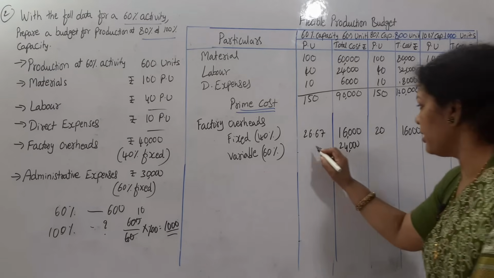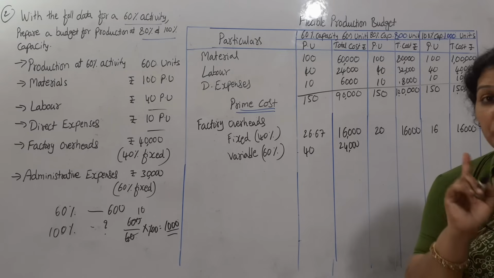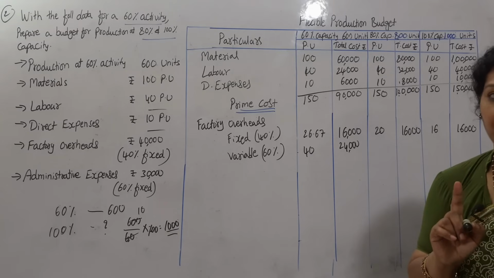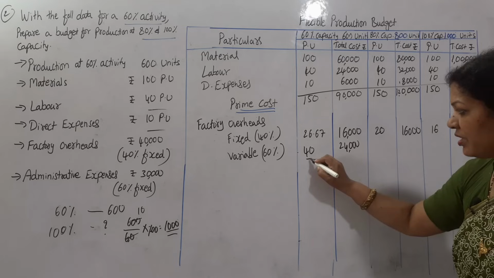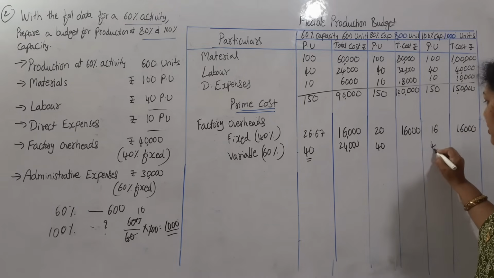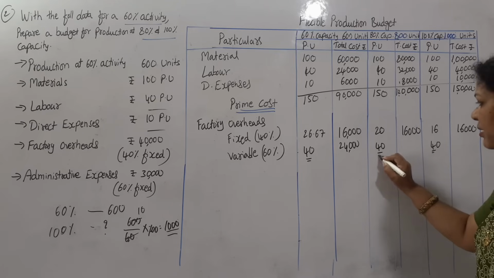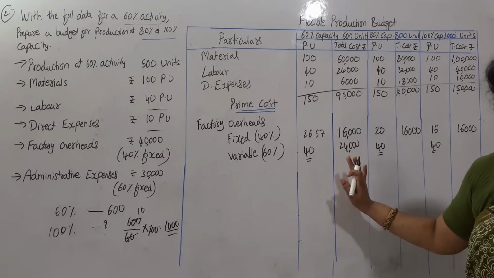You are getting 40. Please be careful at this point. Now once you calculate variable cost per unit, this is permanent. Same amount we are writing, whatever may be the capacity.